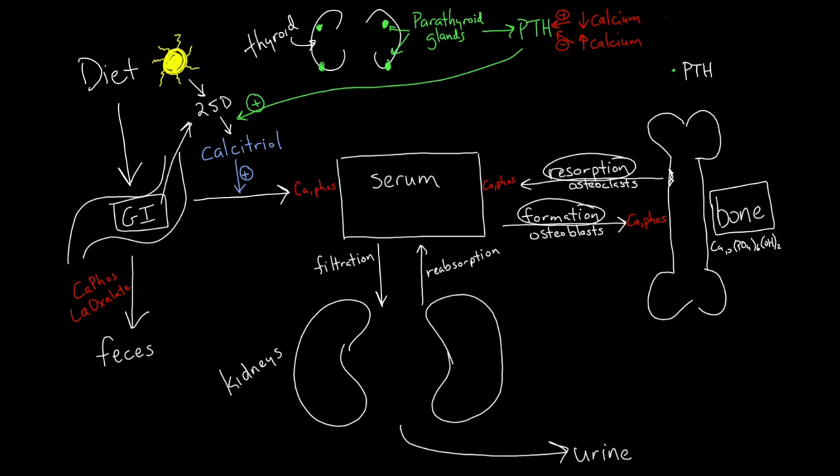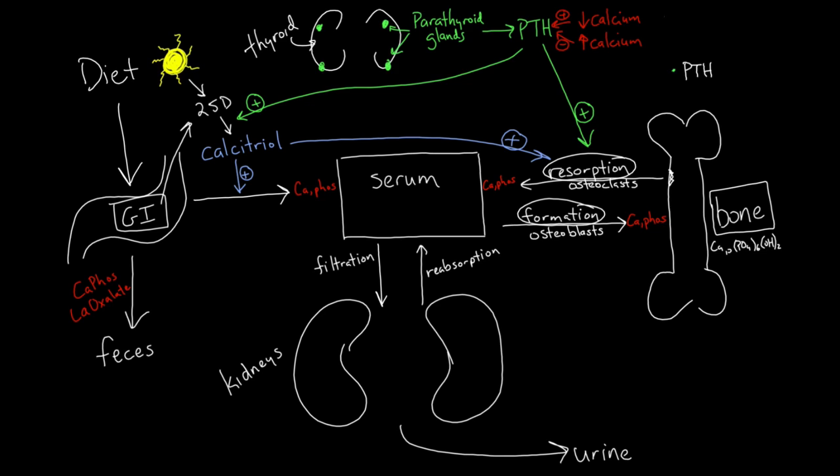I purposely stress the B in blasts and the C in clasts so that you can remember their function in bone turnover. These processes are regulated by many hormones and proteins, including parathyroid hormone and calcitriol, which act to stimulate osteoclastogenesis, freeing calcium into the serum.